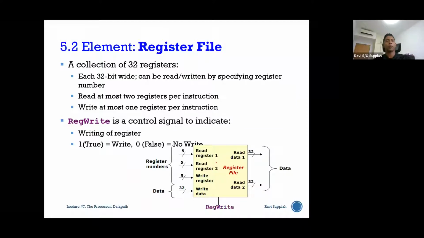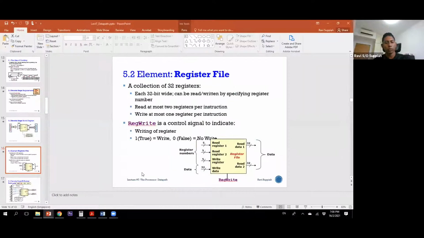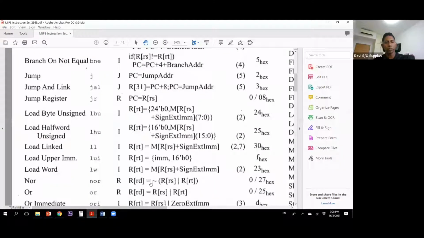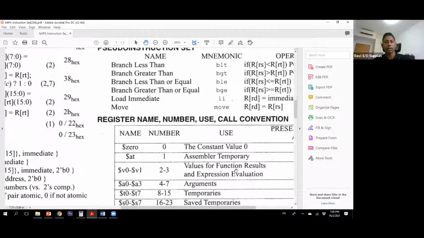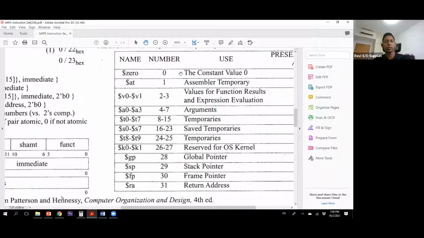We know that our MIPS processor has 32 registers. If you go back to your data sheet, you can see that all the registers are specified here, from 0 to 31, a total of 32 registers in our MIPS processor.